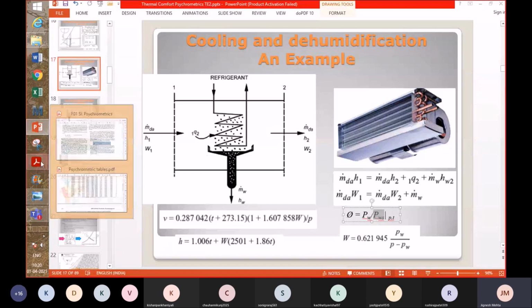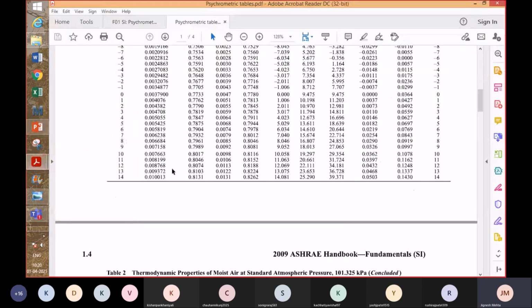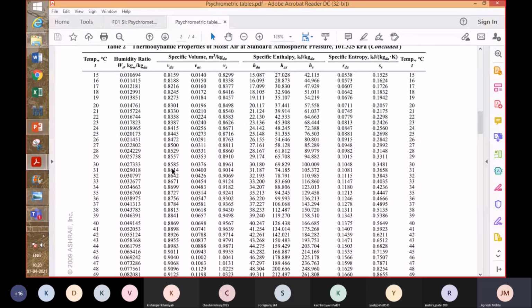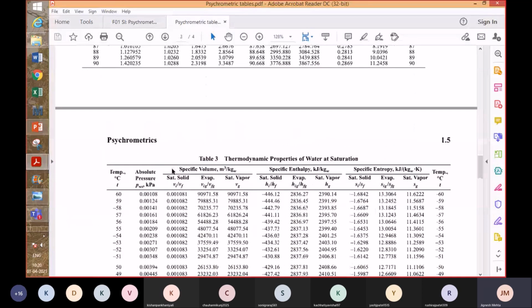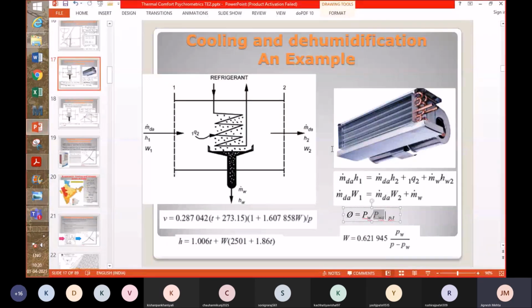So at 30 degrees Celsius, what is the water vapor pressure, the saturation pressure? Let's try and get that number from the saturation properties of water. At 30 degrees Celsius, as you can read at the bottom, the saturation pressure would be 4.2467 kPa. So that's PWS, and PW would be 50% of that, 0.5 times PWS.